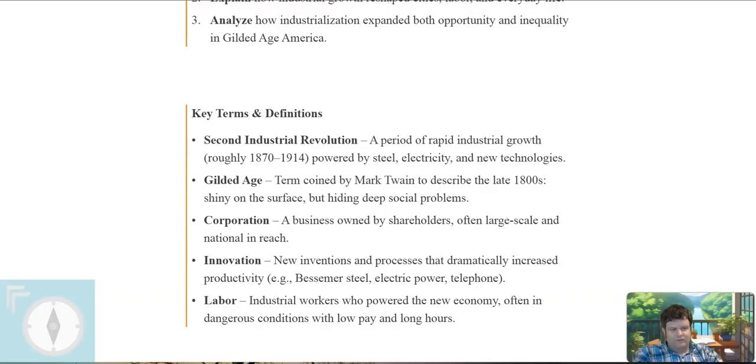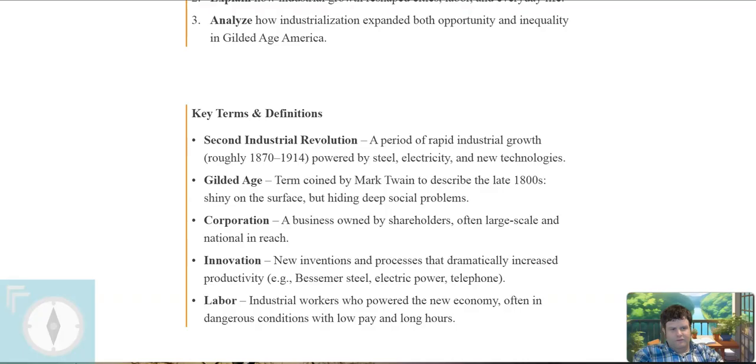Or nowadays, if we're using a modern analogy, you pull out your cell phone, you text or call the person and tell them what you want to tell them. Obviously, the cell phone and the telegraph are more efficient than going and finding the person wherever they are. There's other examples we'll look at, such as electricity and something called Bessemer steel, but that's basic. Innovation is an idea or a process or an invention that makes doing things more efficient, usually.